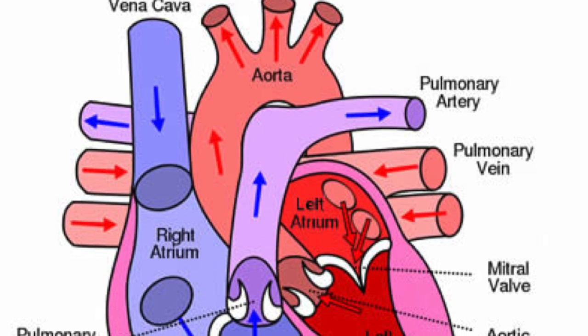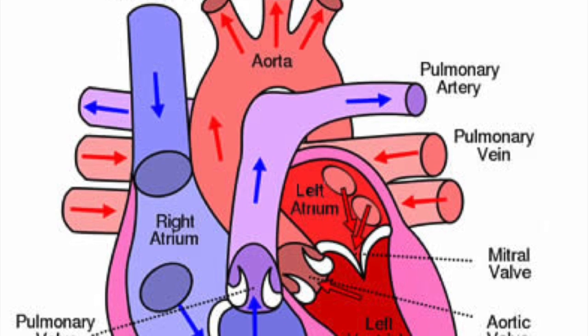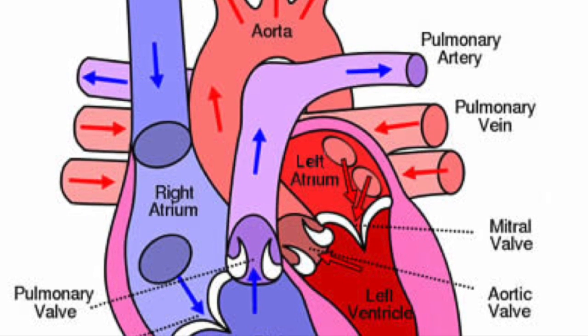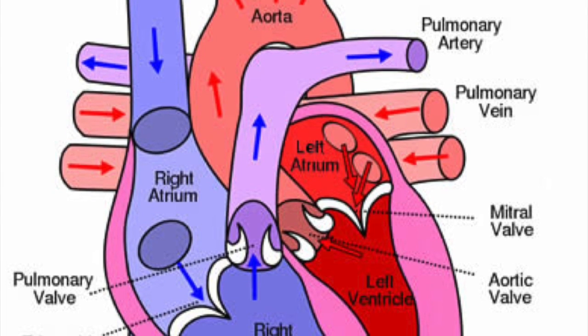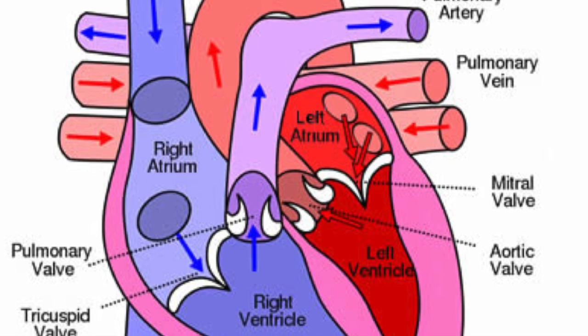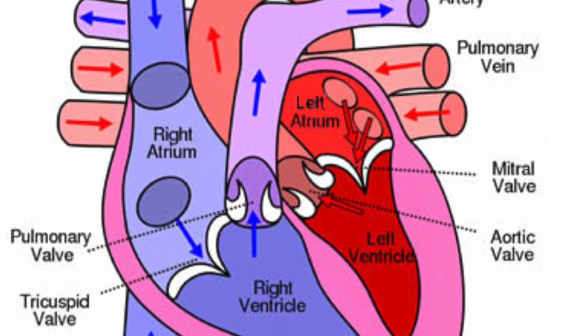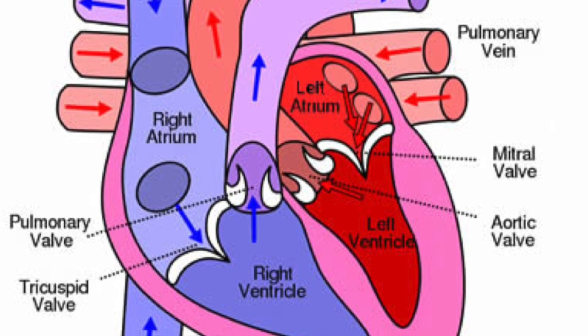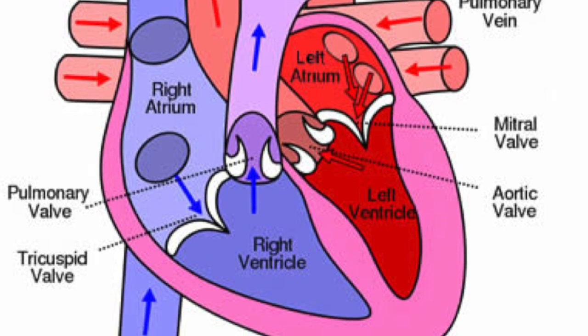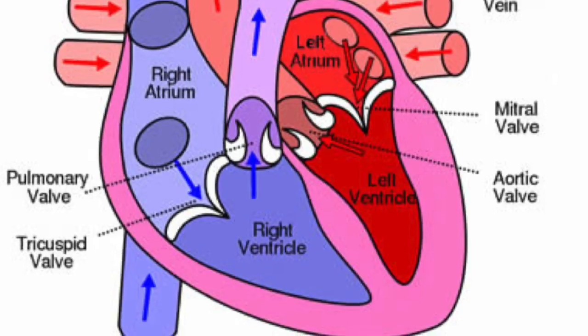The atriums are the ones that collect the blood, and the ventricles are the ones that receive the blood from the atriums and pump it to the rest of the body. Valves are what separate these ventricles and atriums and prevent backflow of blood. It's a continuous flow forward. And in the picture, you can see the differences. There's a right and left atrium as well as a right and left ventricle.